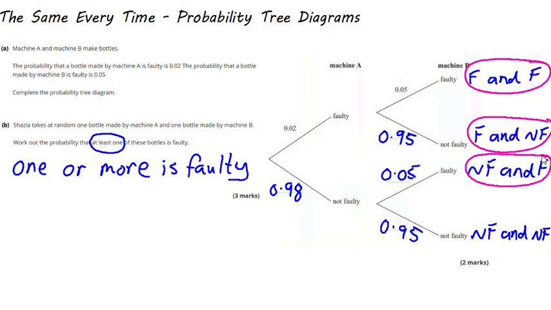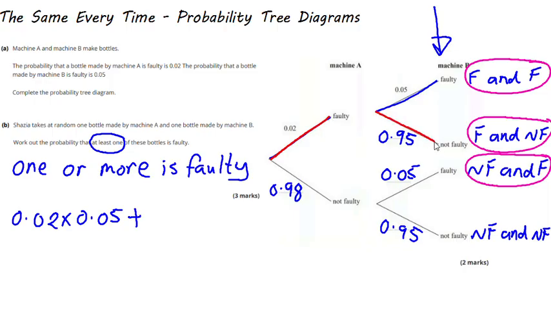Now I have to work out the probability of each of those options. And remember, if we're going left to right on the tree diagram, we multiply. So faulty and faulty is this and then this. So that's going to be 0.02 times 0.05. Then remember, if we're going down the options, then we add. So what's the next possibility?